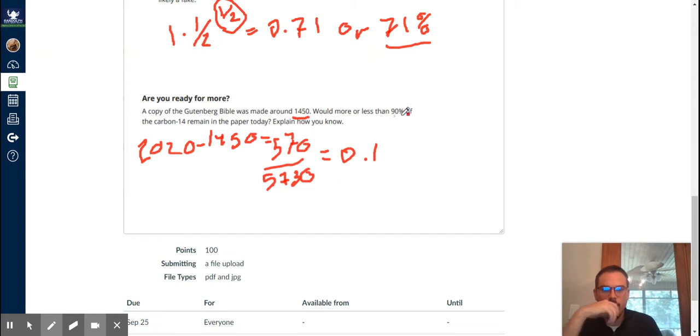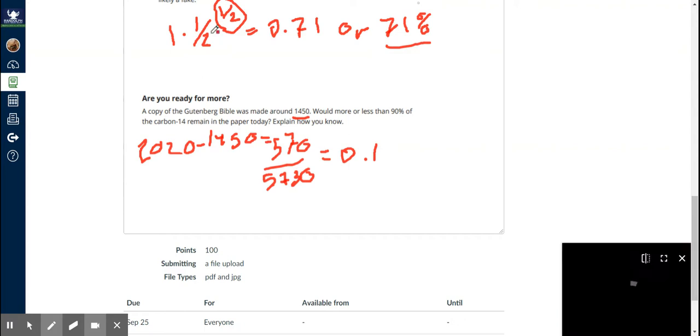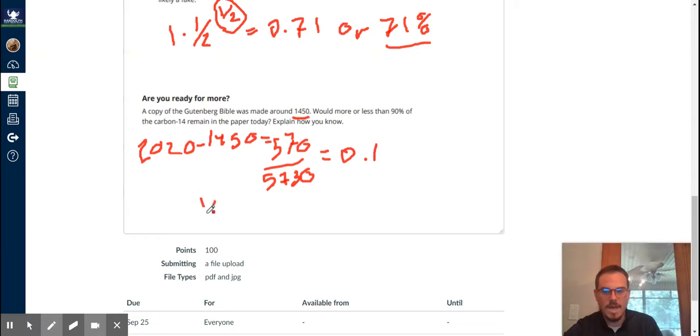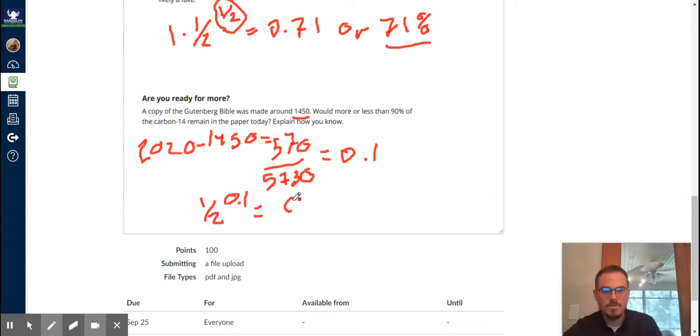So would more or less than 90% of this be remaining? Well, we know that we've got a tenth of it, so we're going to say 1/2 to the power of 0.1 to determine what the factor would be, and that's going to be roughly 0.93 or 93%.